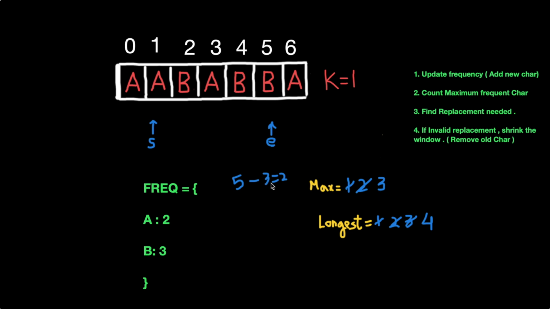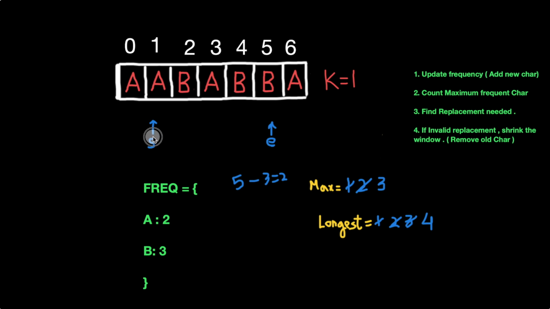So it will be 3, and I find the replacement needed. My sliding window is again 1, 2, 3, 4, 5, and the sliding window minus maximum is equal to 2, which is again not a correct substring. It's not a valid one because it is greater than k. So we'll have to shrink it once again.